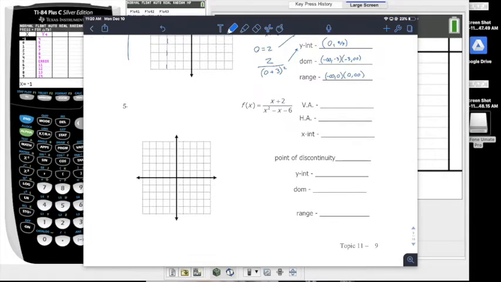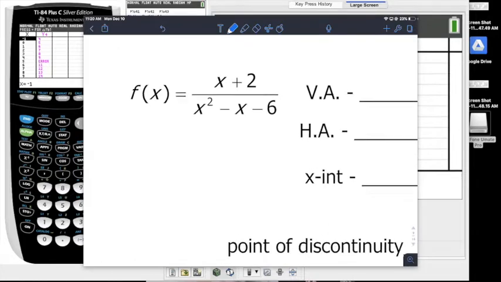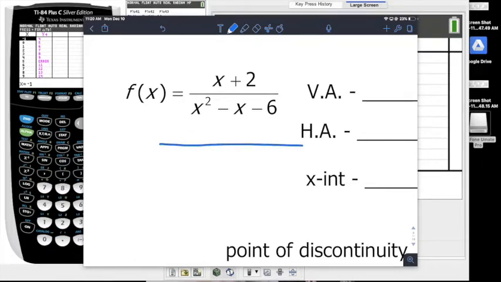What makes 5 different here is it's not factored in the bottom. So we need to always have these factored to be able to work with them here. So always, always, always factor if it's not already. So we'll call this x minus 3, and then x plus 2 on this one.